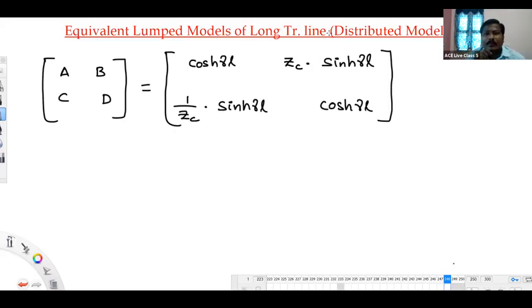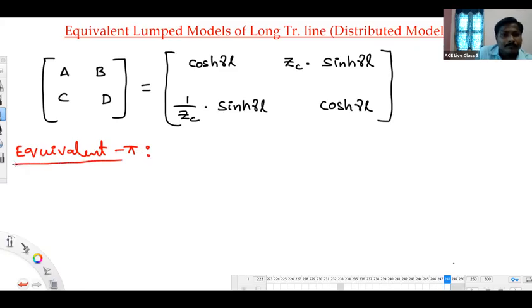Done. Next. First, let's take the equivalent pi. I'll draw the pi model first. In the pi model we have a series element and shunt elements at both ends.